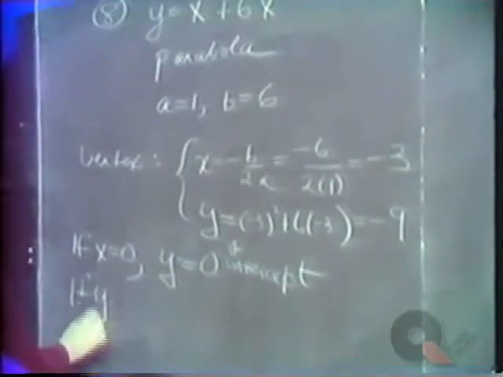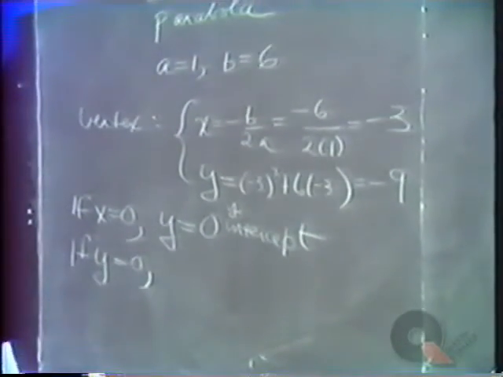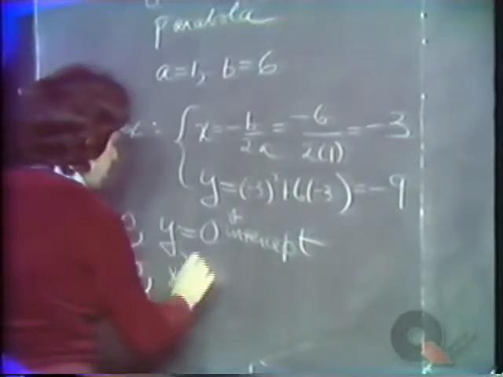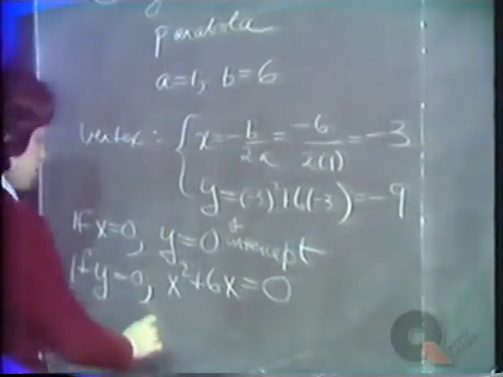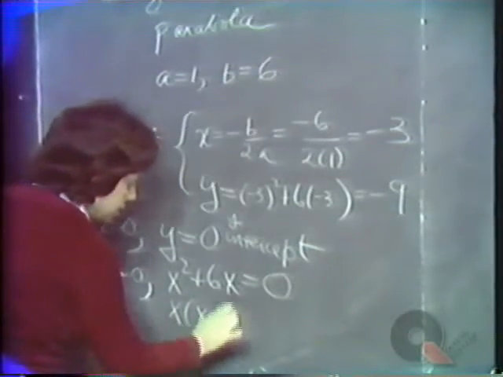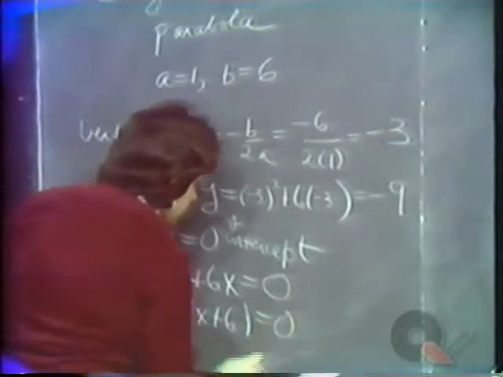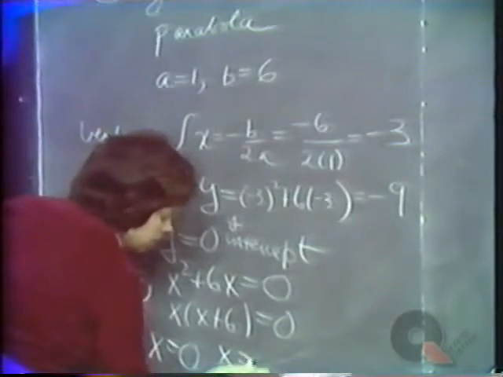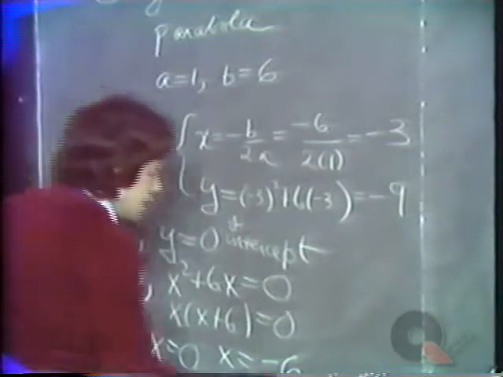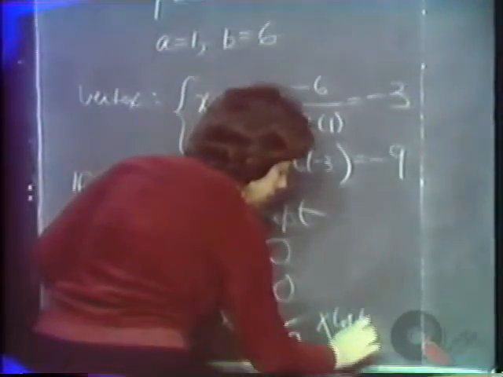And if y equals 0, we get x squared plus 6x equals 0, a quadratic equation which we can solve by factoring, giving us x equals 0, x equals minus 6, 2 x-intercepts.